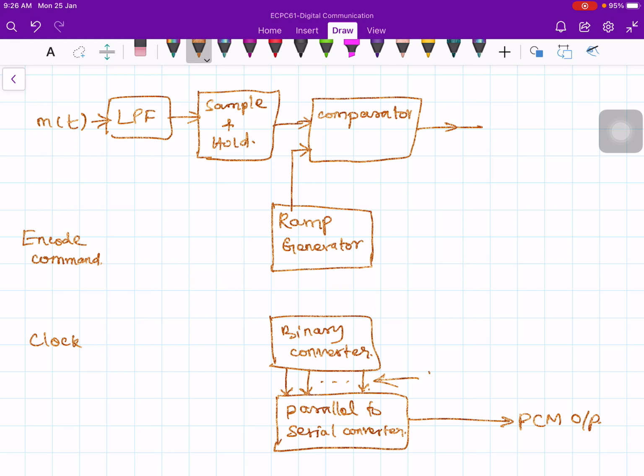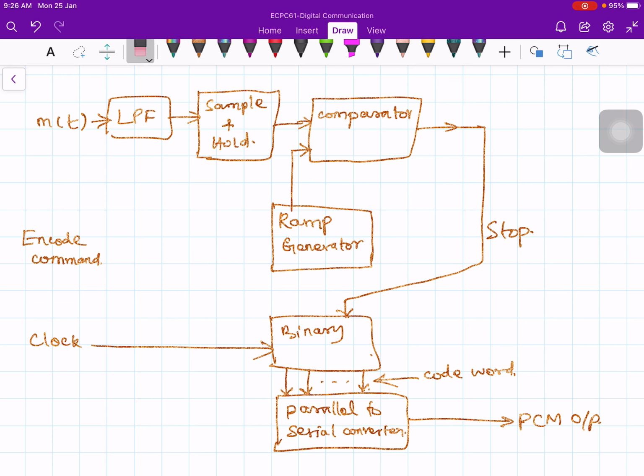This is called a code word, and this one is given to the binary counter, and the clock is given to it. Let me check.